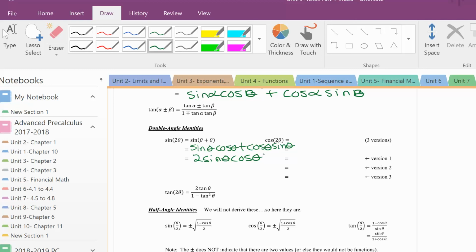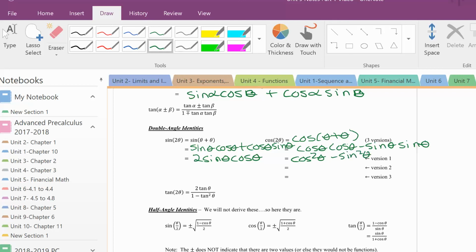For cosine 2 theta, notice you have cosine of alpha plus alpha, so it's cosine alpha cosine alpha minus sine alpha sine alpha. So you get cosine squared minus sine squared.